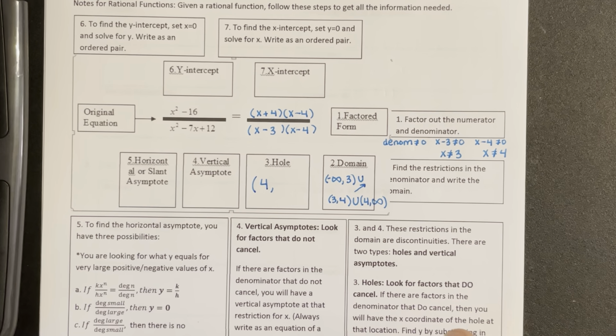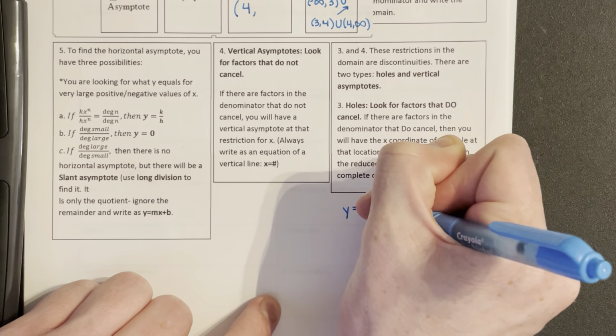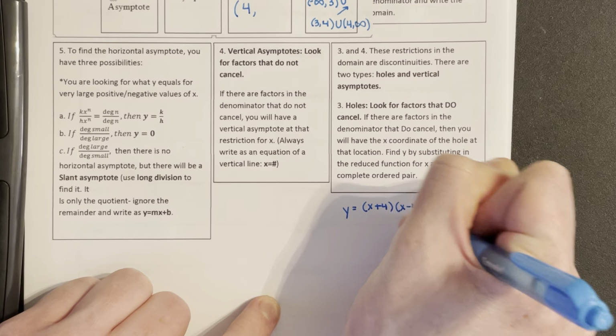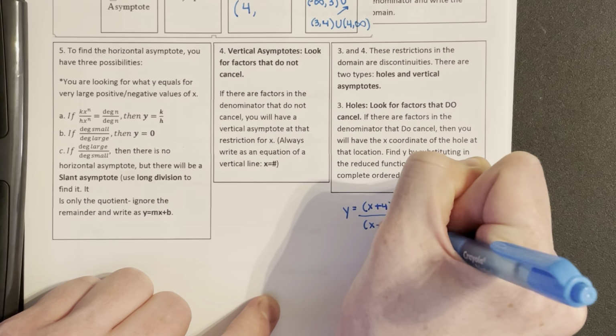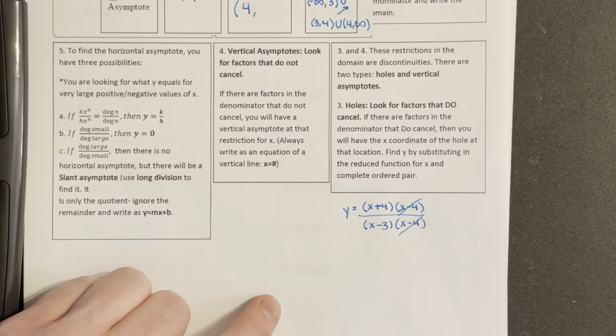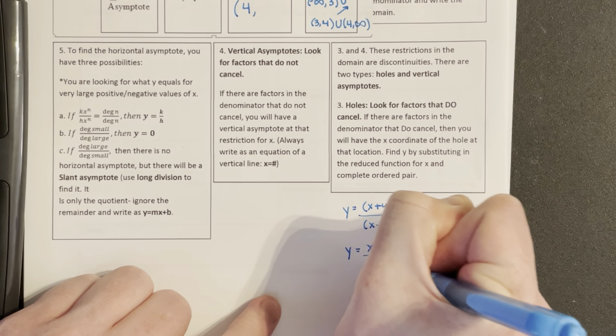If I did that here, it would say we had x plus 4, x minus 4, over x minus 3 times x minus 4. These two things can reduce out to be just x plus 4 over x minus 3.